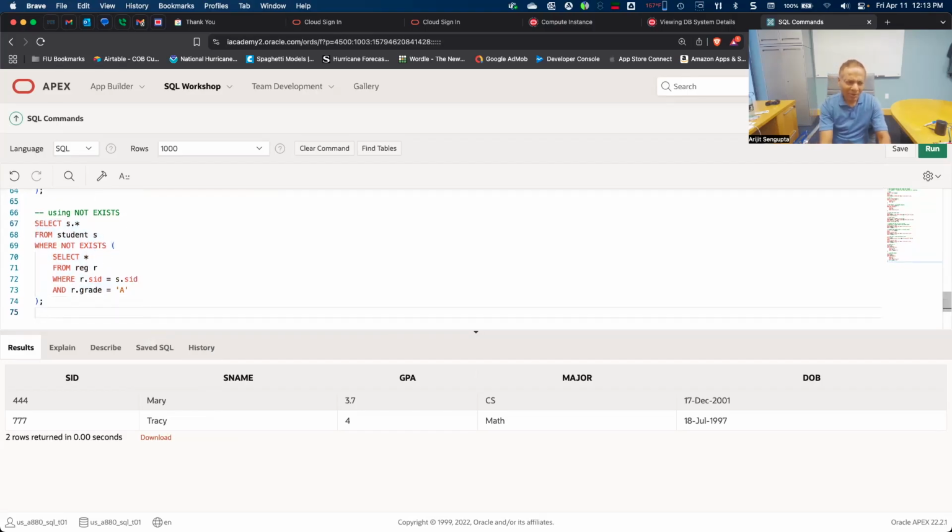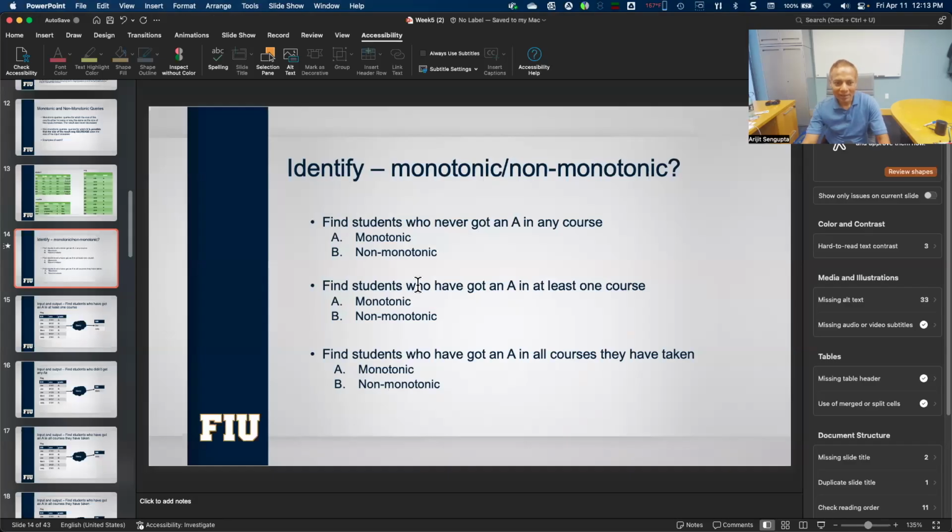All right, so now let's go to a slightly more complex one, but you will see it's really not that complicated. Let's say, find students who have gotten A in all courses they have taken. What does that mean? If you think about it, you can actually answer this in a double negative.